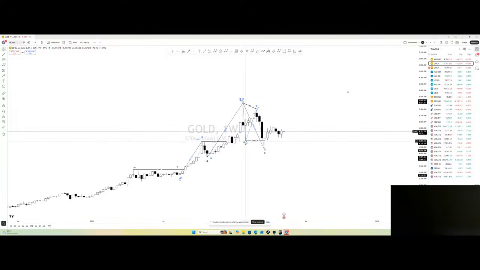Now what happens is this area creates the liquidity called the buy side liquidity, sell side liquidity. Sell side liquidity is accumulated at this previous low, which is our higher low.